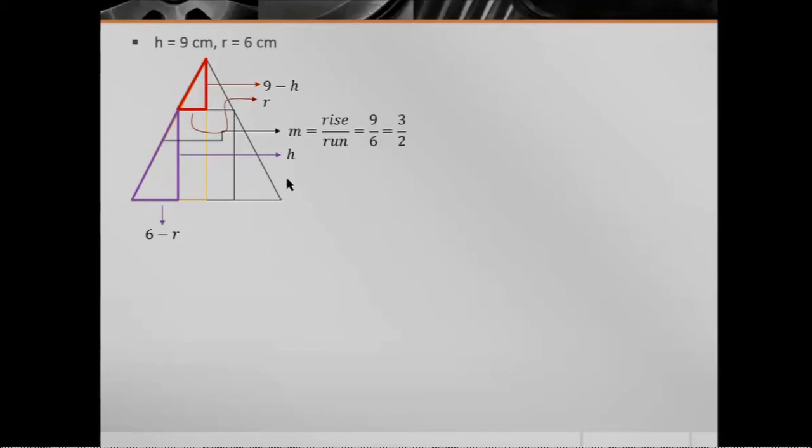Then, pwede natin kuhanin ang proportion nitong height at saka ng ating violet triangle using the definition ng ating slope. So, we have the height over 6 minus r dun sa ating violet equals sa slope naman ng big triangle, which is 3 halves. Then, equate natin for h.